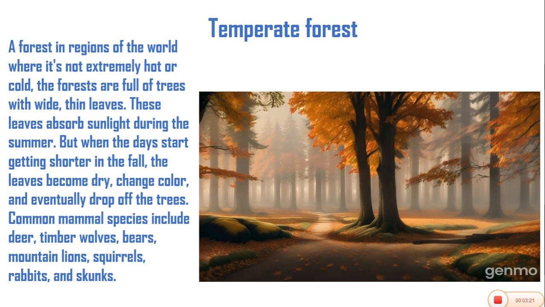The temperate forest. A temperate forest is a forest in regions of the world where it is not extremely hot or cold. You can see that here. The image is not showing that the temperature here is hot or cold. The forest is full of trees with wide, thin leaves.